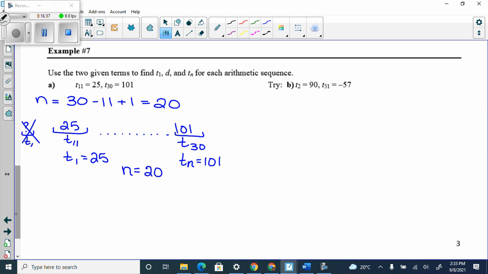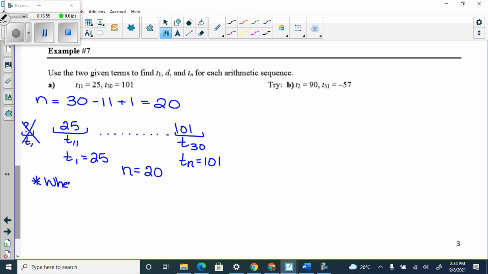So if I ever give you a partial sequence where I give you like T12 and T40, you're finding D every single time. You have to find it. It doesn't matter if I ask for the first term. It doesn't matter if I ask for the 14th term. You have to find D first. So whenever I give you a partial sequence, we're going to write this down.